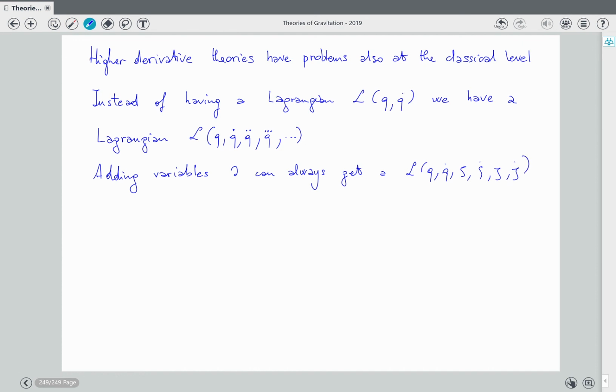So a Lagrangian that depends only on positions and velocities, if you enlarge the set of positions. But you can easily see that if you do that, starting from a higher derivative theory, the Hamiltonian of the new action will not be bounded from below.